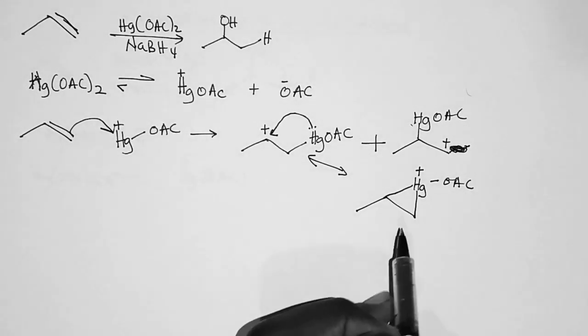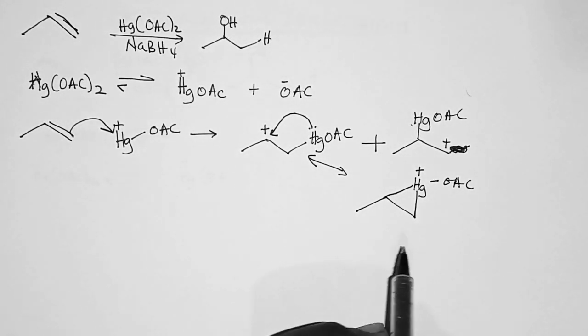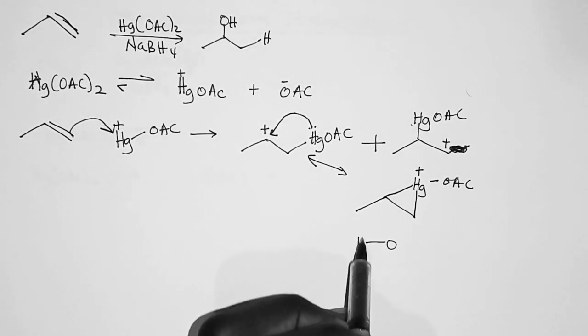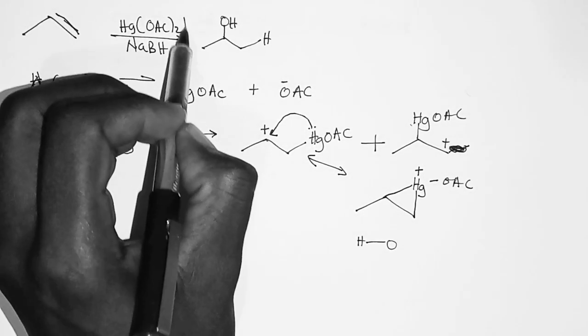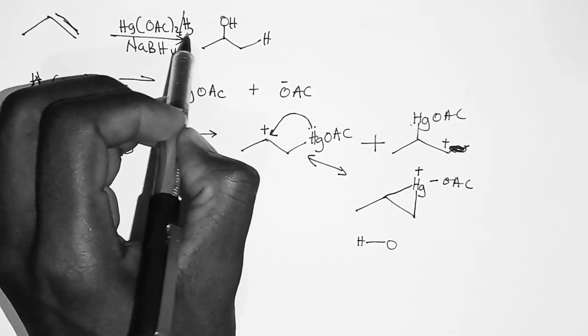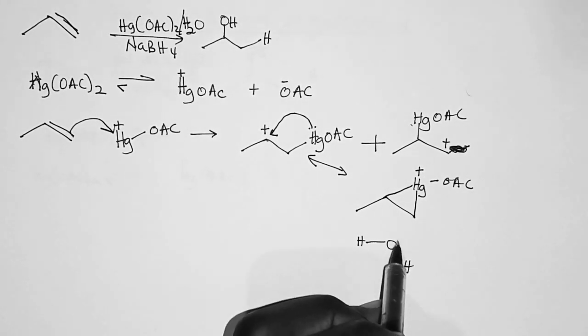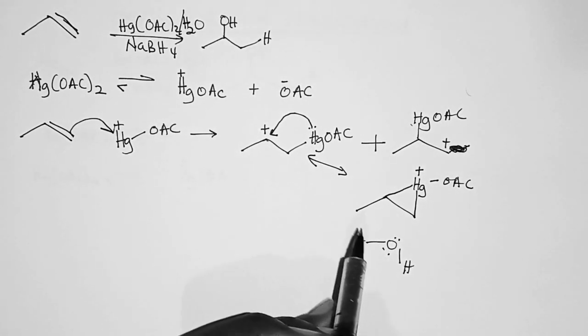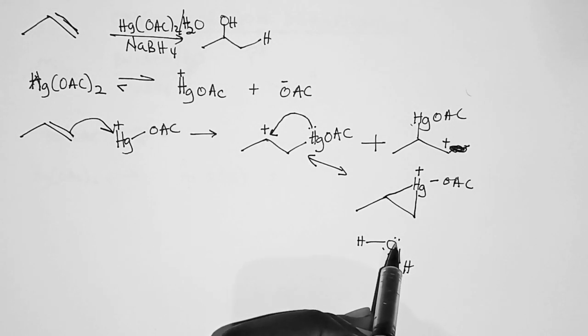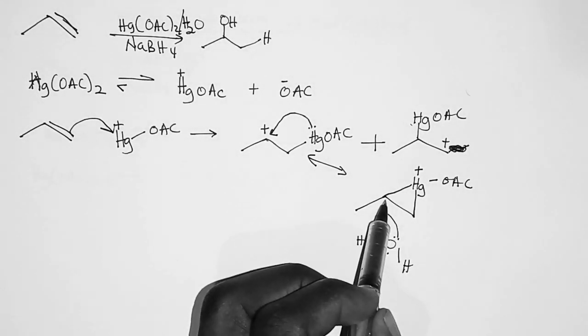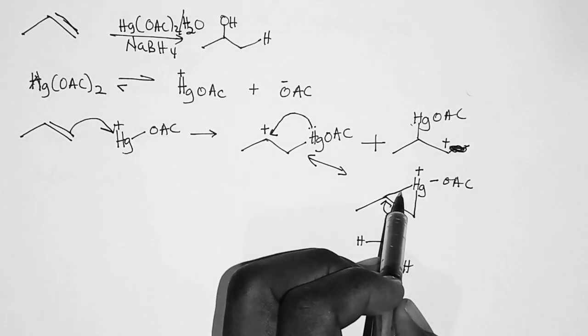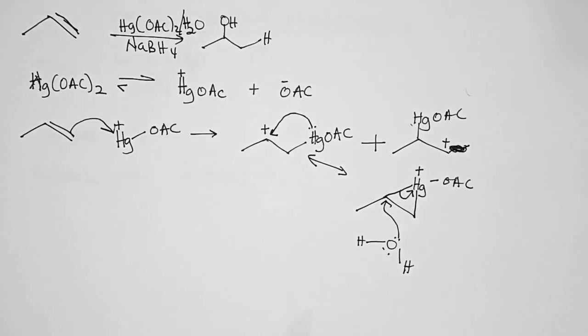So in the next step, water has lone pairs of electrons. Now, this reaction takes place in the presence of water, and because it has lone pairs of electrons, it can use one of its lone pairs to attack the secondary carbon here, thereby releasing these electrons back to the mercury. So we are going to form this intermediate as well.